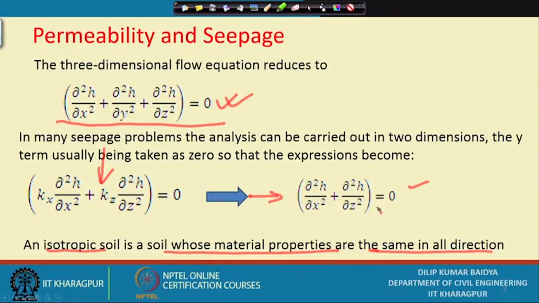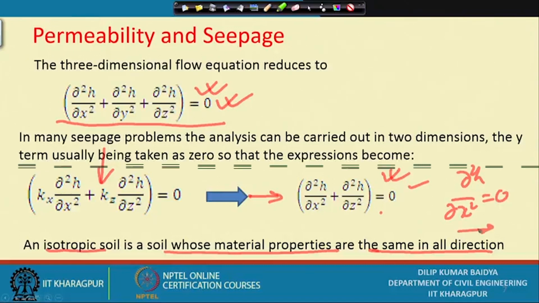Now, either solving this equation or this equation, or even if I make it further simplified, del 2 h del x square equal to 0, that is 1 dimensional. This type of equation can be solved mathematically, and then applying various boundary conditions, if I integrate this one twice, then we will get 2 constants, and those 2 constants can be obtained by applying boundary conditions.